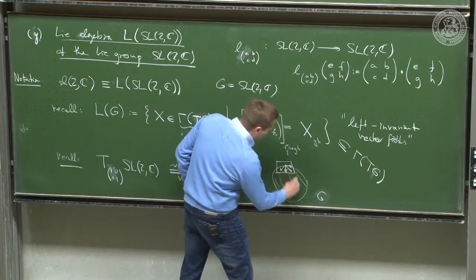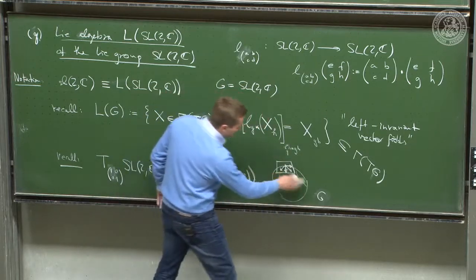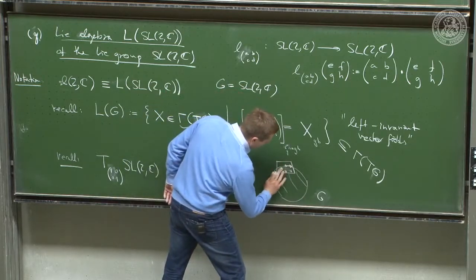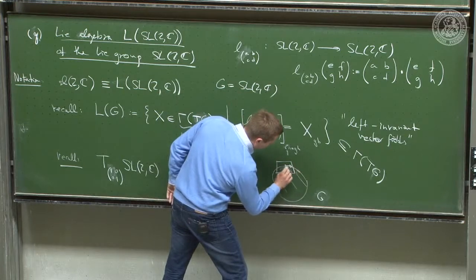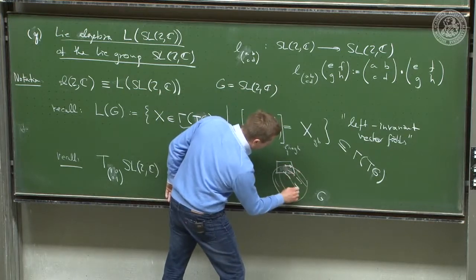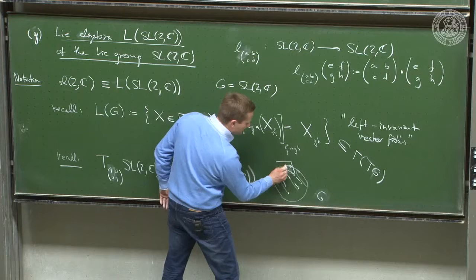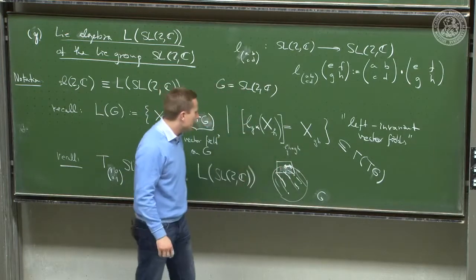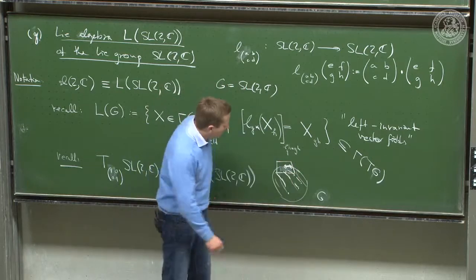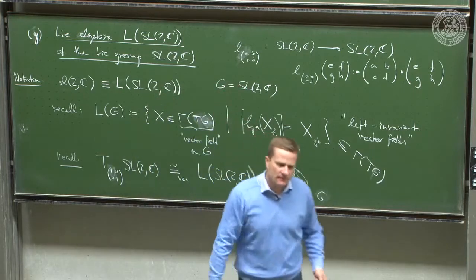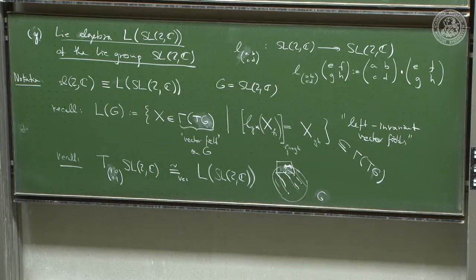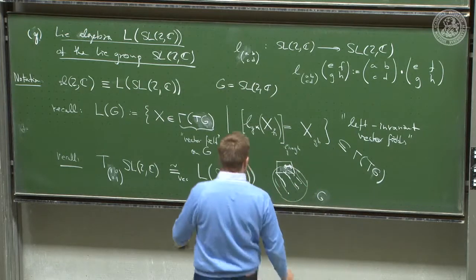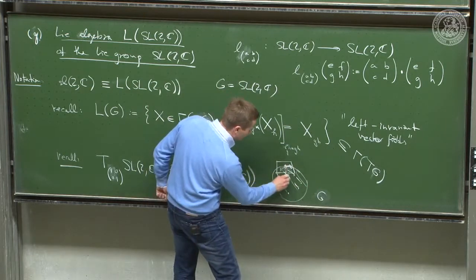Now, the advantage of the left invariant vector fields: say you have a vector field here that looks like this, and which at the identity corresponds to one particular vector, the vector that's part of the vector field. Say you now have another left invariant vector field on the manifold.